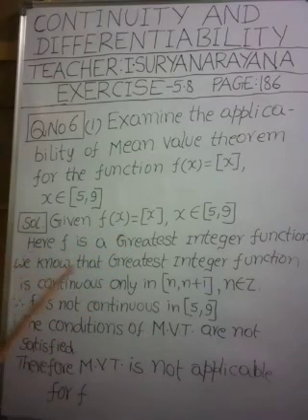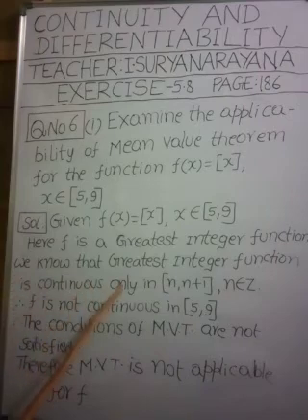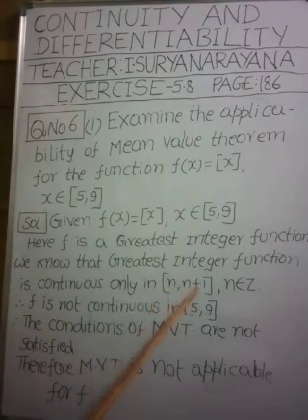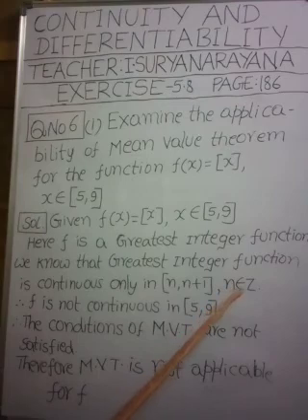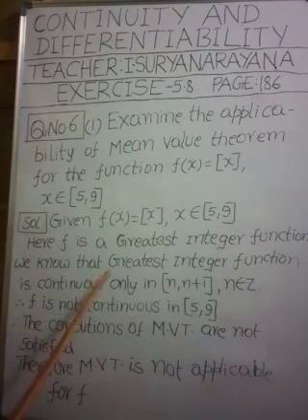We know that the greatest integer function is continuous only in the interval n comma n plus 1, where n belongs to Z. Do you remember this point, my dear children? We have discussed this point in the concepts of this exercise 5.8.